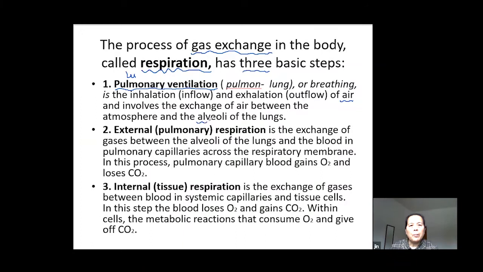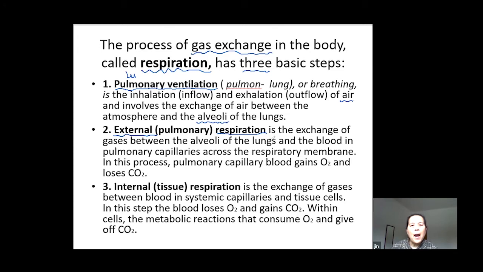We know the basic unit of the lung is the alveoli. That part we call pulmonary ventilation. And we also include what we name external respiration, which still happens in the lung.